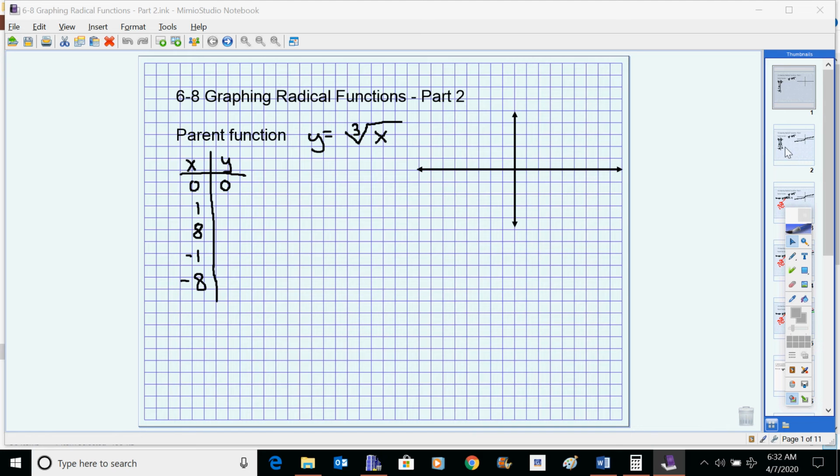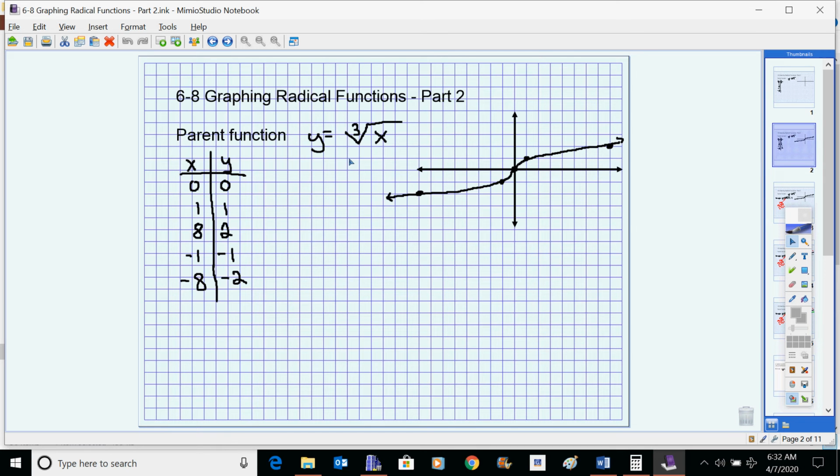So if we take those and put them on a graph, here's your (0, 0), here's your (1, 1), here's your (8, 2), and you've got your (-1, -1) and your (-8, -2). We end up having this sideways graph that looks suspiciously like a cube graph, just turned on its side, because remember that they are inverses. So it's really just flipped around an axis from that type of graph that we took a look at before.